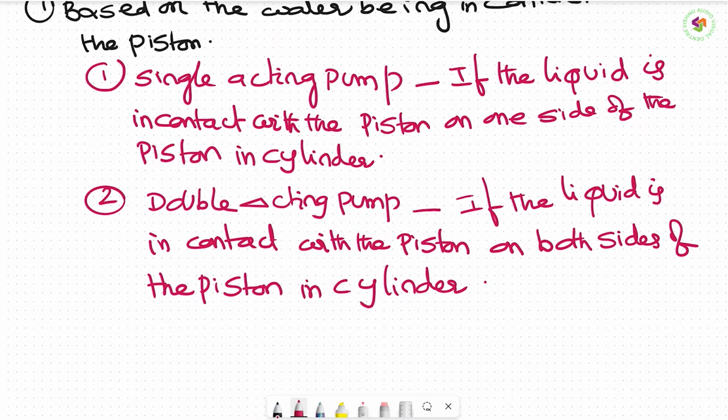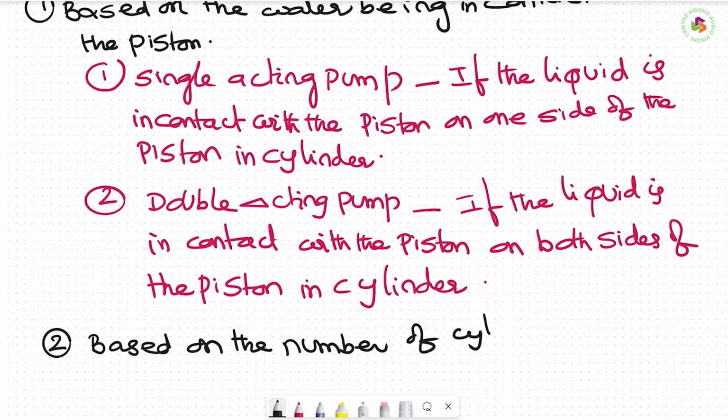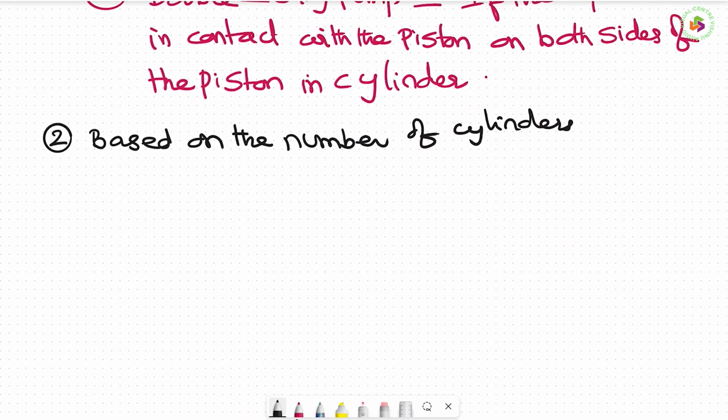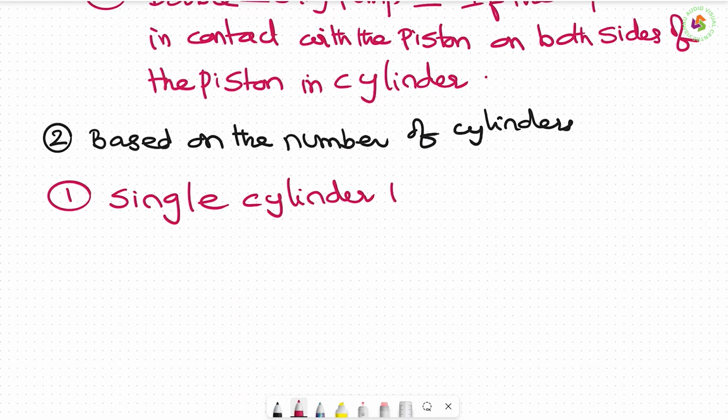Similarly, the second classification is based on the number of cylinders. If there is only one cylinder, then we call it a single cylinder pump. If there are two cylinders, double cylinder pump.